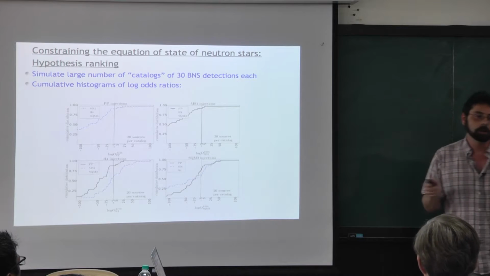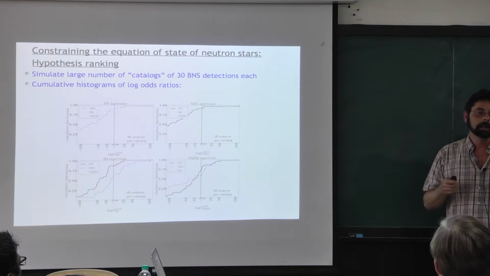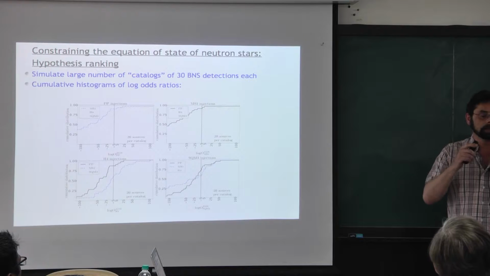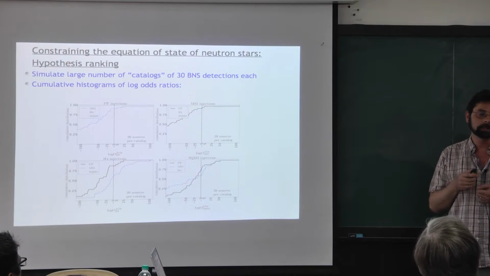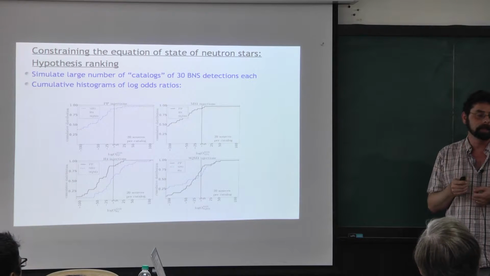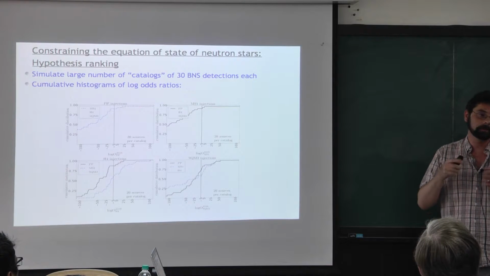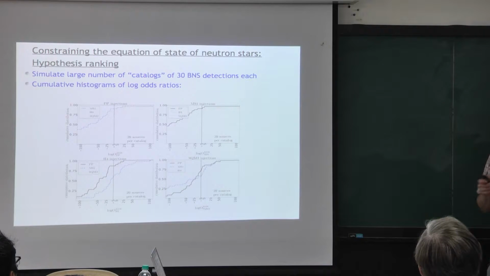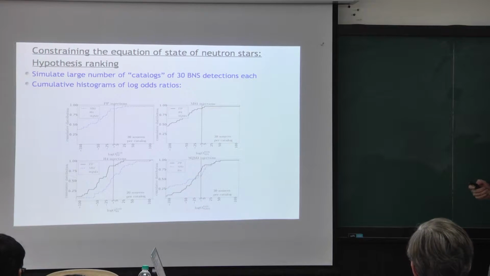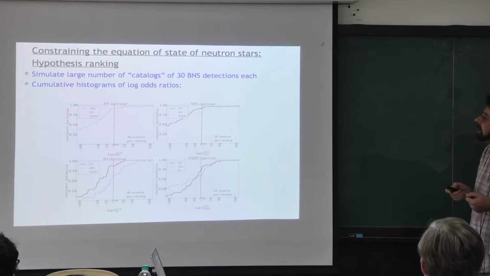But we do want to know how results depend on what the individual component masses will be in those 30 detections, what the distances will be, and so on, and also the effect of different noise realizations in the detector.